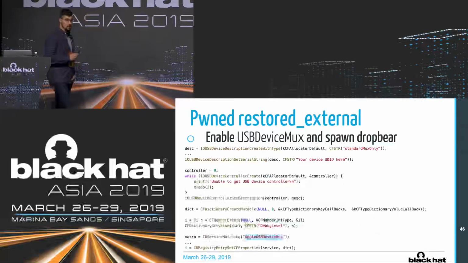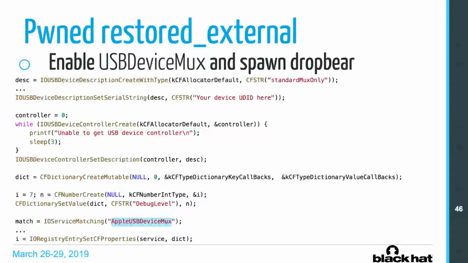So this is how our restored external daemon may look like. Part of this code is already open sourced, and the basic idea is that we need to start the USB MUX service by creating a USB device descriptor with the type USB MUX only, and then set the USB device description serial.